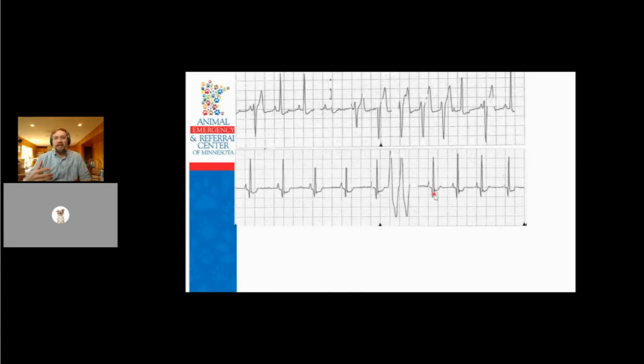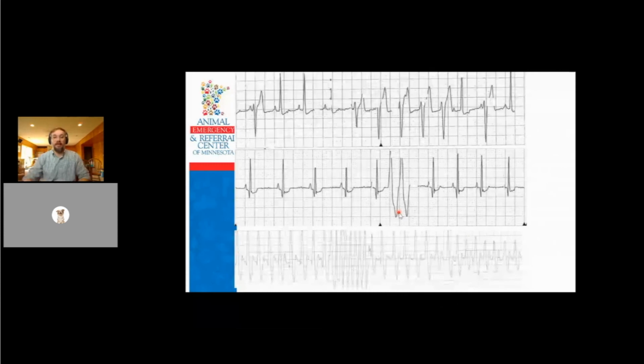Again, R on T means that the R wave of the next complex is happening before the T wave of the previous complex is done. The reason I start getting worried about these, again, is probably not because they cause problems for the dog. He just felt his heart do a little double skip of the beat. But it sets up the possibility that if you have a wave of repolarization being chased by a wave of depolarization, you could get a loop where they chase each other and you potentially develop a more severe arrhythmia.